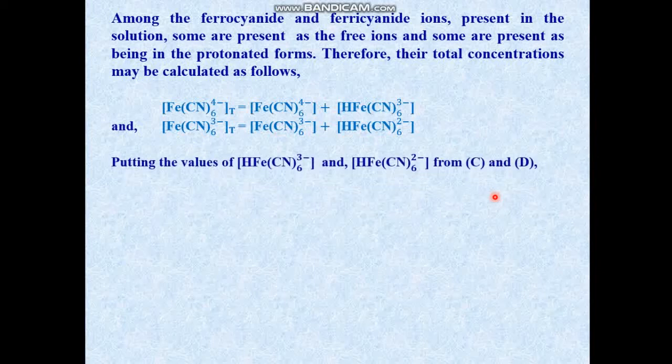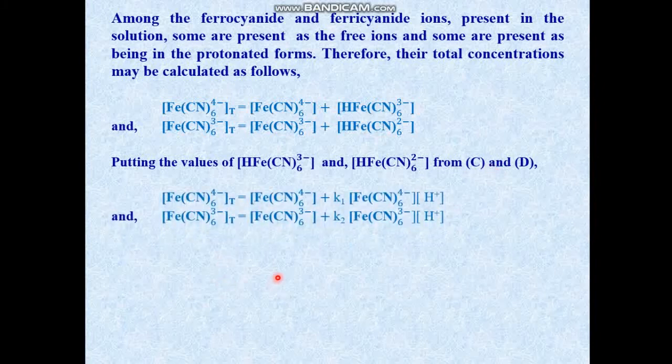Now we have obtained the values of the protonated forms from equations C and D, and when we put these values in the above two equations, we get these two equations. Instead of the HFe(CN)6 3- concentration, we are putting the right hand side value from equation C and this right hand side from equation D, in terms of K1 and K2.